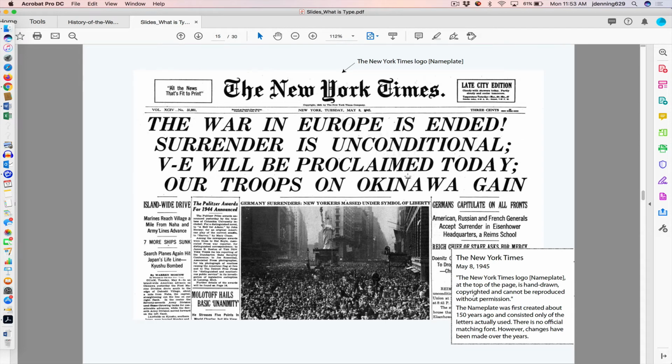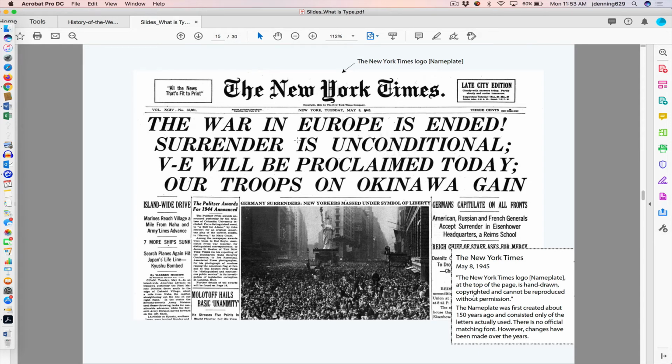This is the New York Times logo nameplate, and the letter forms on which the nameplate is based are known as blackletter or Gothic, and that's what we've been thinking about as the first kind of hand-drawn type used by the scribes. And so when you look at this New York Times nameplate, you'll see that it is that old style of blackletter.